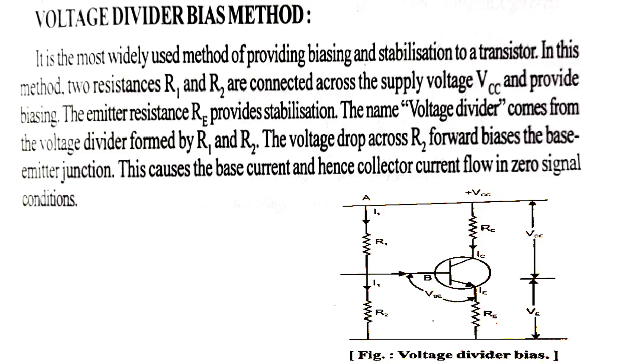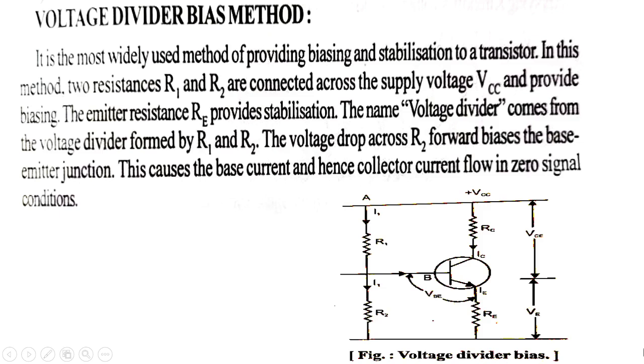Let's analyze the circuit. Now see, in this method two resistors R1 and R2 are connected across the voltage VCC as shown in the figure and provide biasing. The emitter resistance RE provides stabilization.